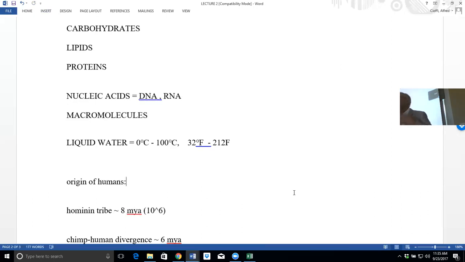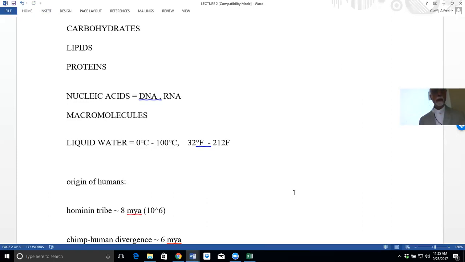It was a very toxic atmosphere for us today. But those were the precursors of jumping to organic molecules. Those molecules, compounds, were inorganic, all right? But the jump to organic was by a combination of these molecules.